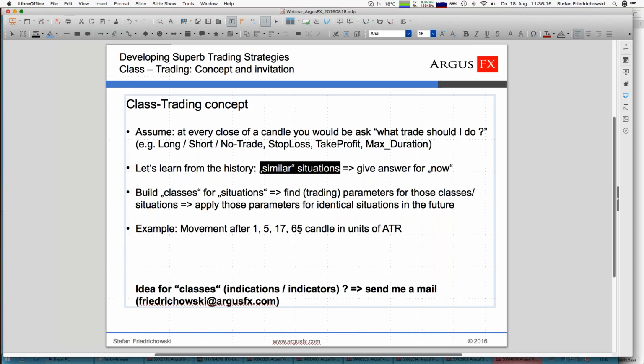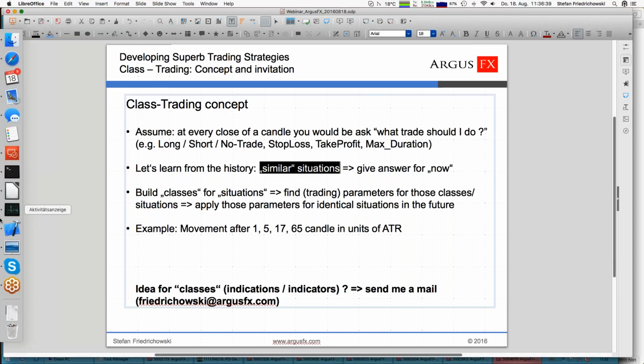Just to have an indication, 65 candles on an H1 base is about half a week. So we look, what was the price 1 candle before, 5, 17, and half a week before. So that is the first step to get those classes.